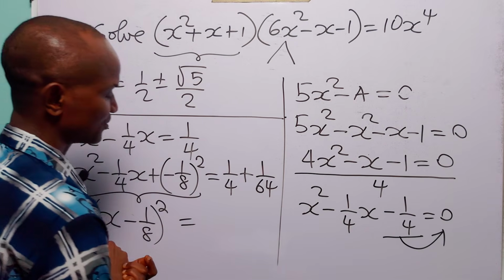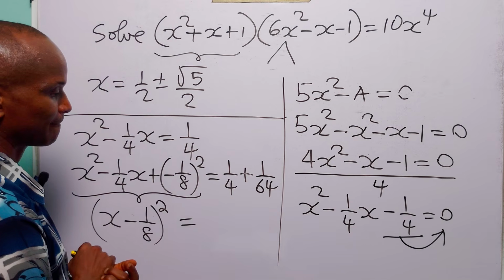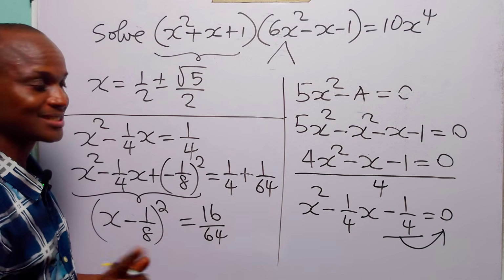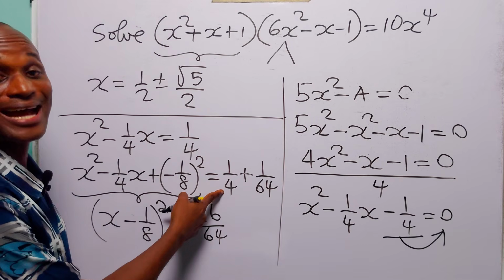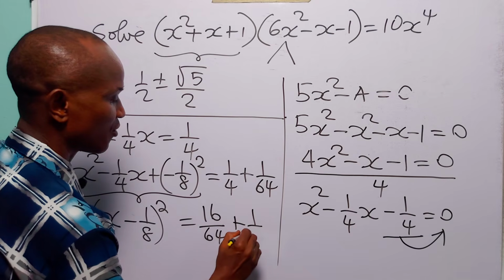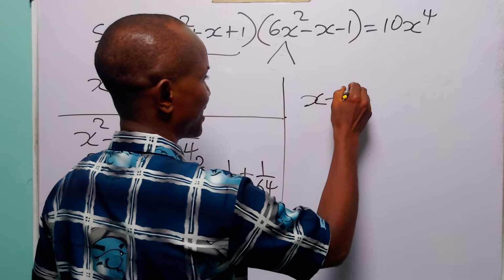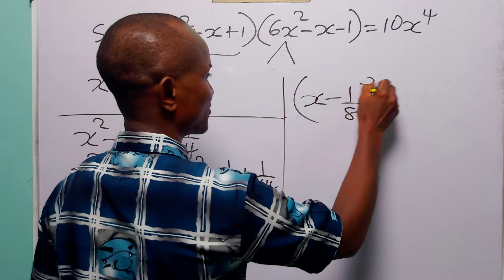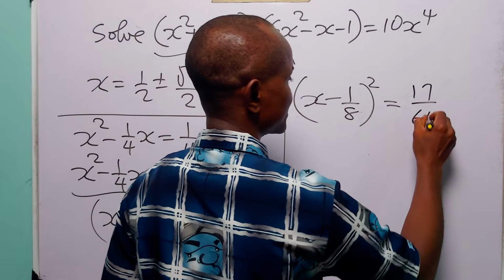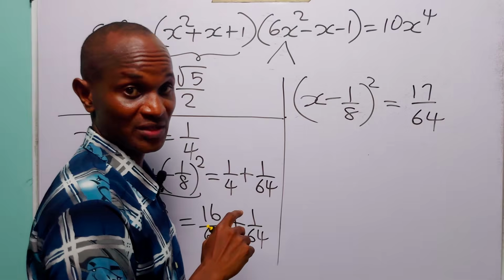Now, this is equal to, we can write 1 over 4 as 16 over 64. That is when we multiply both the numerator and the denominator by 16. Then we have 1 over 64. Now from here we have that x minus 1 over 8 squared is equal to 17 over 64. And of course, now we take square root of both sides of the equation.